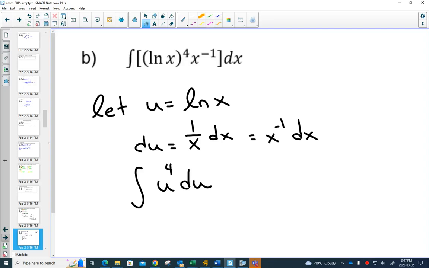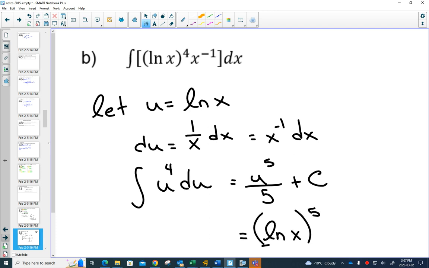Again, this one might have been one that you could have done in your head, but the substitution just makes things easier.